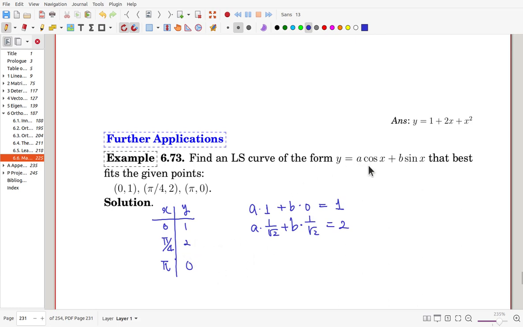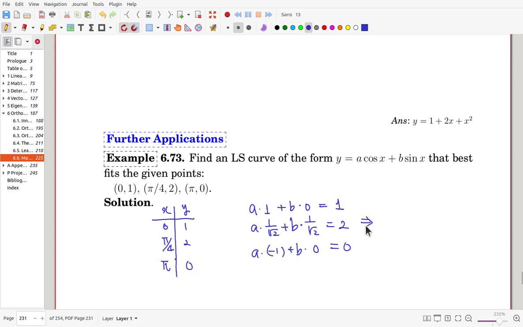Now x is pi, then there is a times cosine pi, which is minus 1, plus b times sine pi, which is 0, and the right side must be 0. The y value is 0.